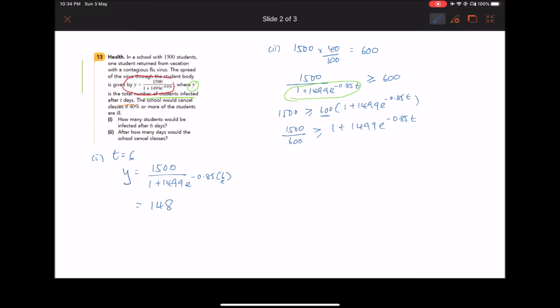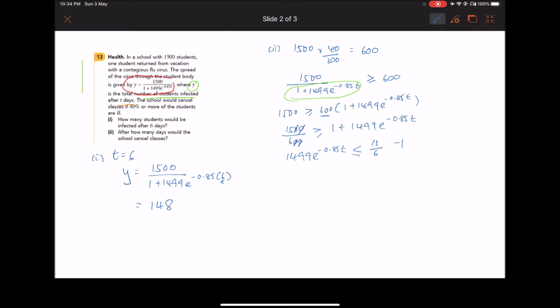If you reduce, you just get 15 over 6. Now we are going to get rid of the 1 here. So let me write on the left hand side 1499 e to the power negative 0.85 t. This part is actually smaller than, so we're going to just write smaller than 15 over 6 minus 1.